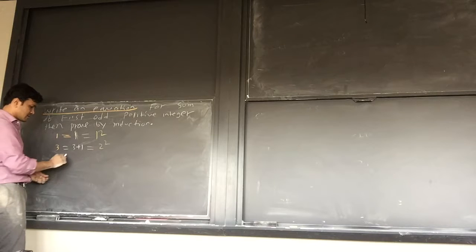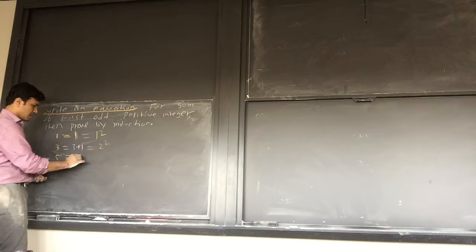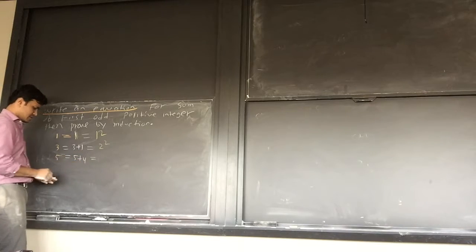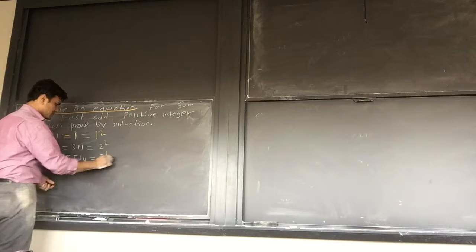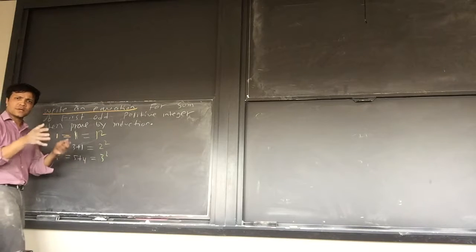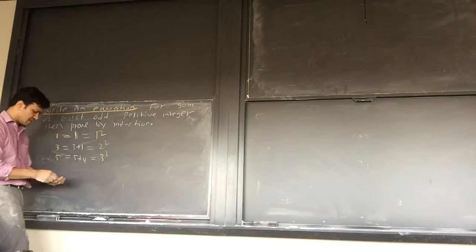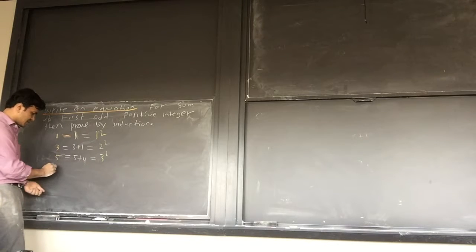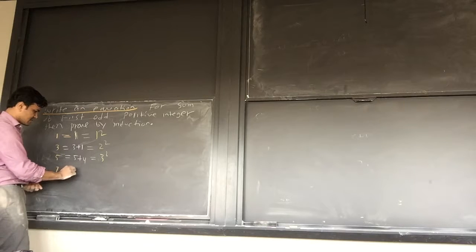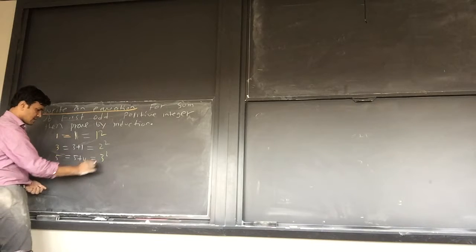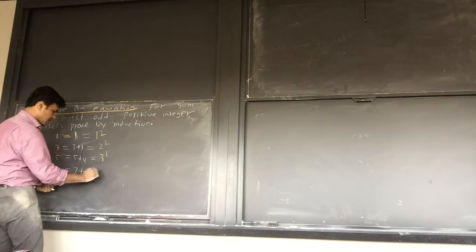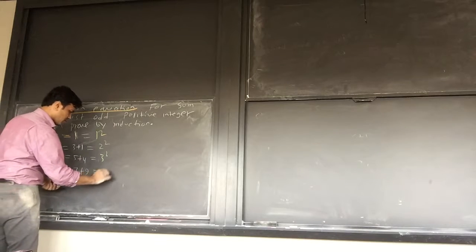So 5 is equal to 5 plus 4, which is 3 squared. What is the next positive odd integer? The next positive odd integer is 7. So 7 is 7 plus 9, which is 4 squared.